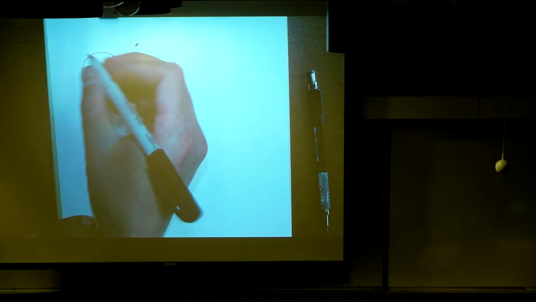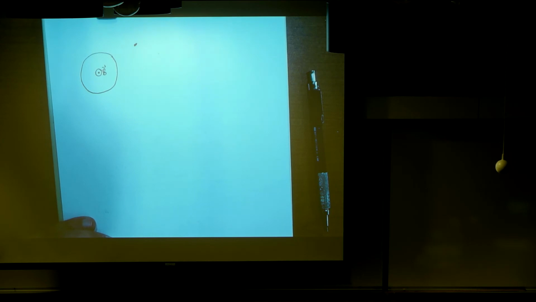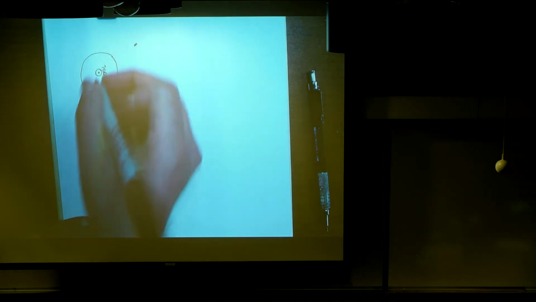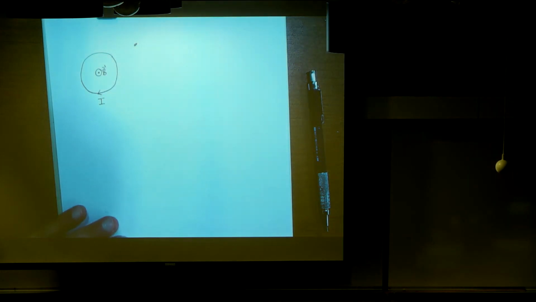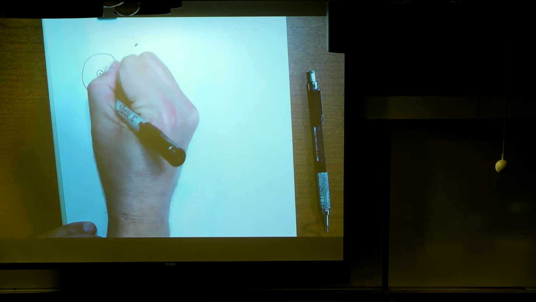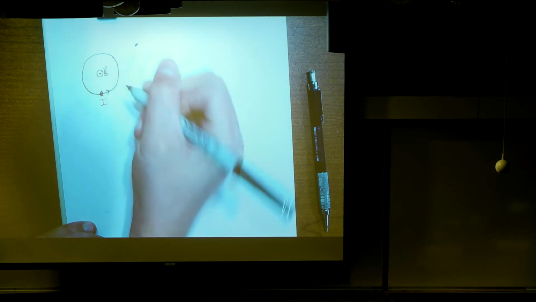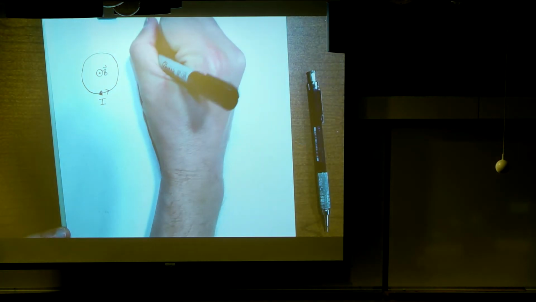So actually, just on the side, I'm going to write what we determined for the current direction. This B field is decreasing over time, and what needs to happen is a counterclockwise current like this is going to be induced in the coil, right? So now let's apply Faraday's law.